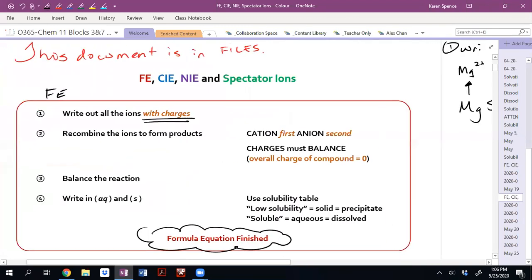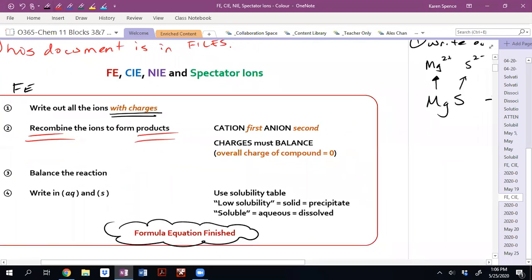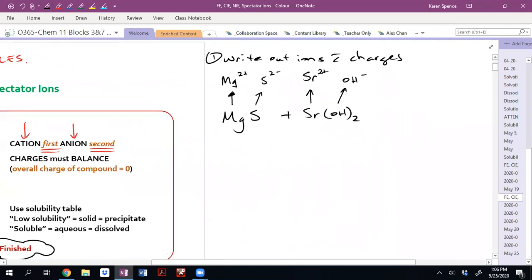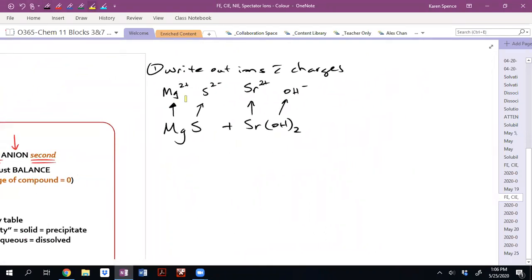Step number two is to recombine the ions to form the products. We take the cation and put it first, and we take the anion and put it second. We take the magnesium cation, which was with sulfide, and recombine it with hydroxide, and write that as a product.